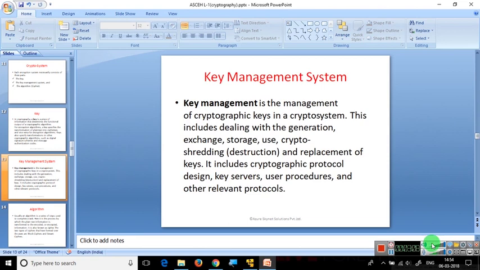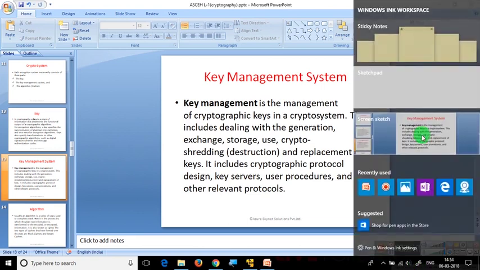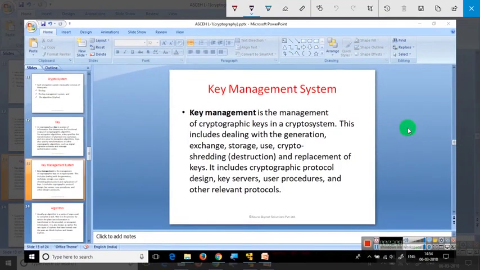In short, in companies there is some key escrow, and in key escrow they are storing all the keys. So in a key management system, you have to take care of all the current keys. You have to destroy the old keys.